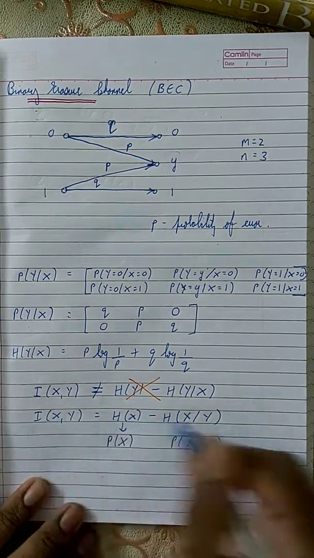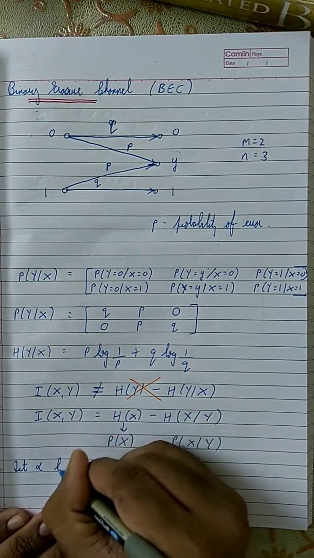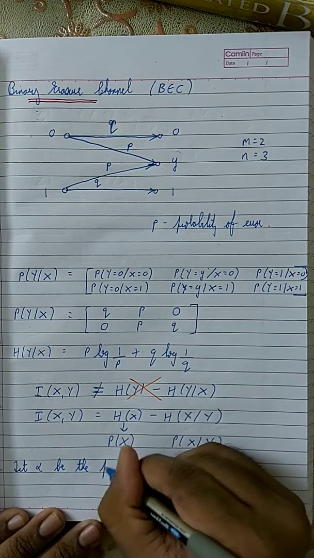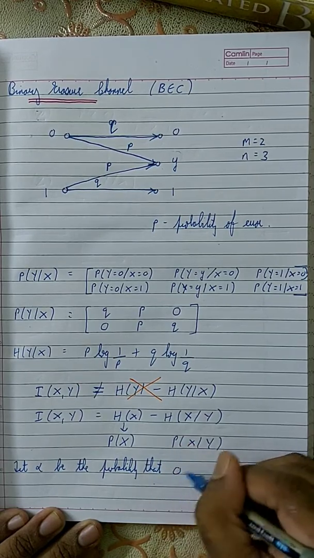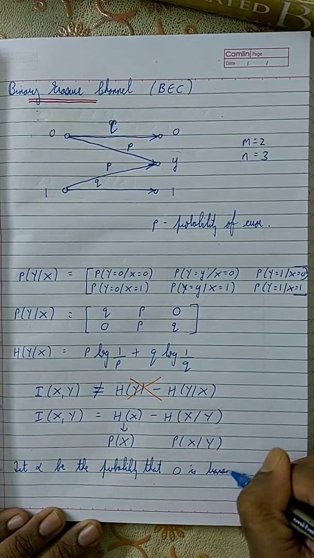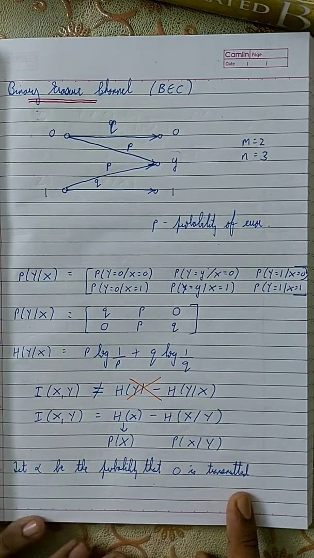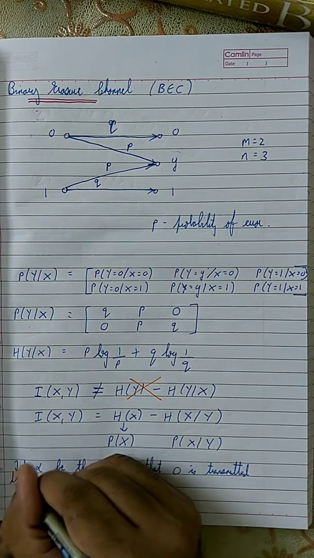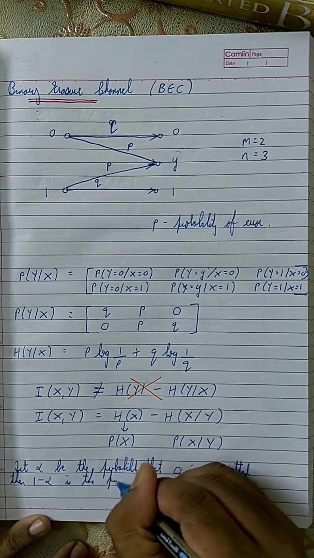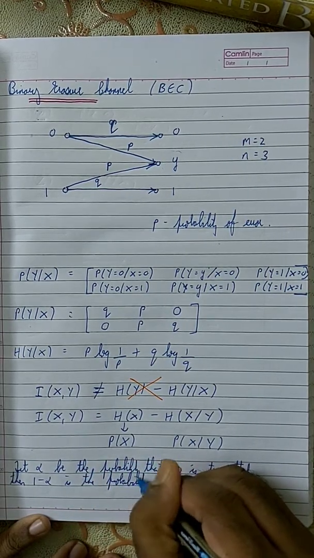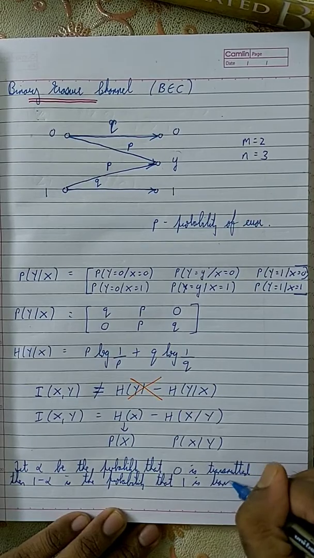So what I'm going to do is that just like in the binary symmetric channel, I'm going to say let alpha be the probability that 0 is transmitted. In that case, 1 minus alpha is the probability that 1 is transmitted.